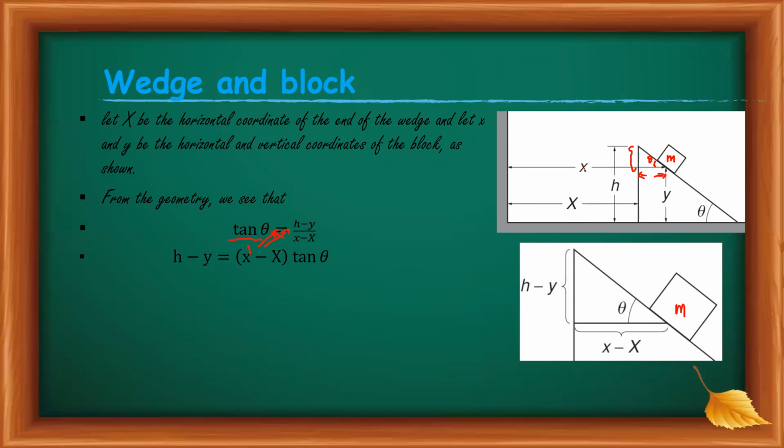To obtain small x double dot or capital X double dot, we have to differentiate 2 times with respect to time.